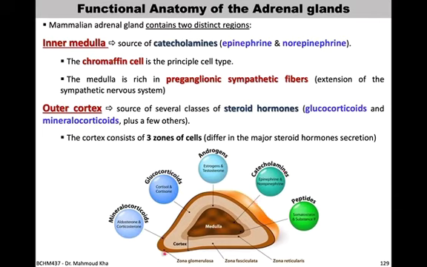If you go to the glomerulosa, you will find majorly aldosterone and corticosterone, which is similar to the cortisone tablets some people used to take. So that's the natural cortisone, coming from the glomerulosa.